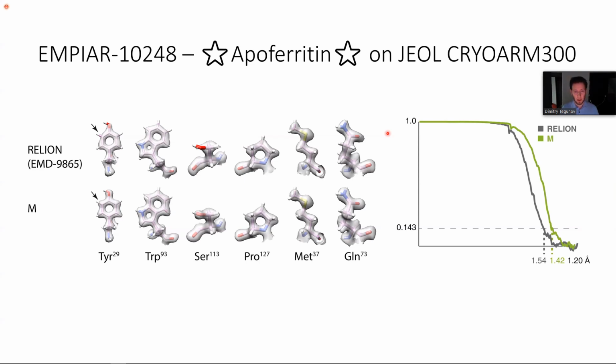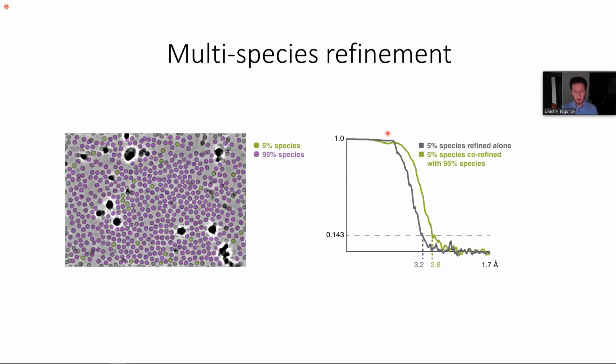Now, a feature that is more unique to M at this point is multi-species refinement. Quite often you have quite high heterogeneity in your sample, and once you've classified out all of the conformations that you're not interested in, you're usually left with not so many particles per micrograph.